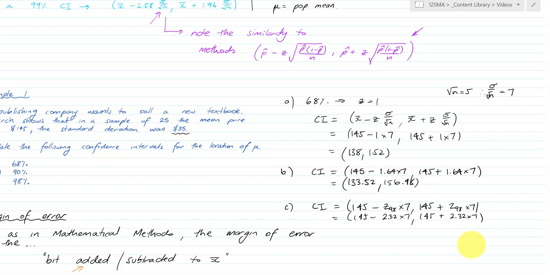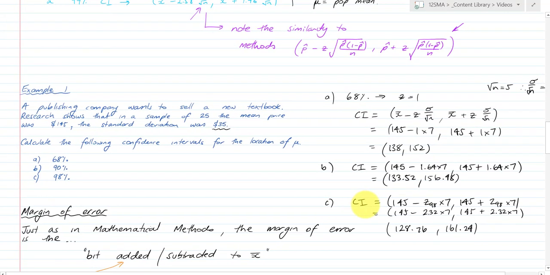I'm going to use my previous calculation, just change the 1.64 to 2.32, and I get 161.24, and on the below side I get 128.76. You can see that we got an increase in our interval again because our confidence is raised to 98%. So there's example 1, and there's the start of our work here.